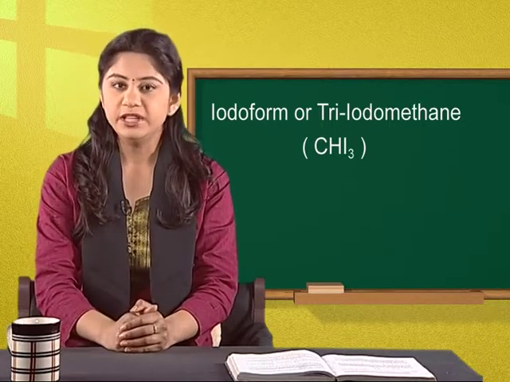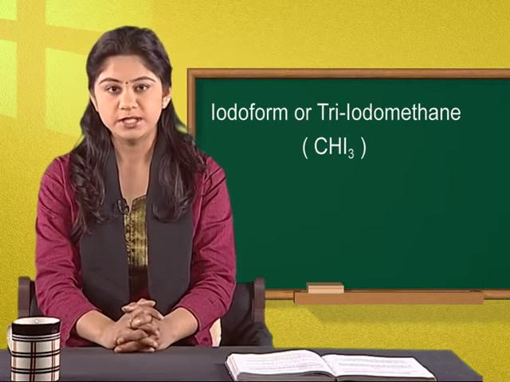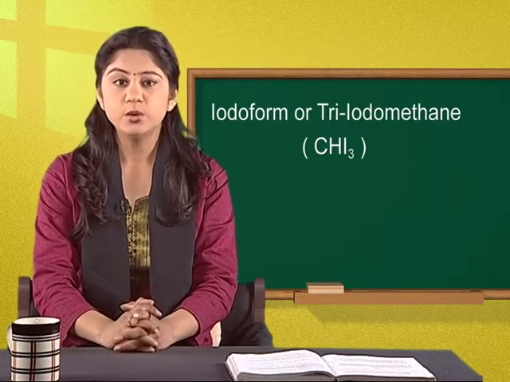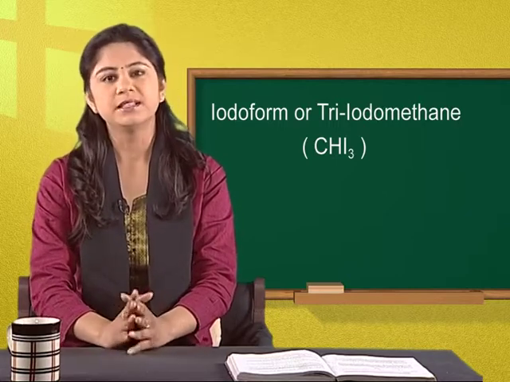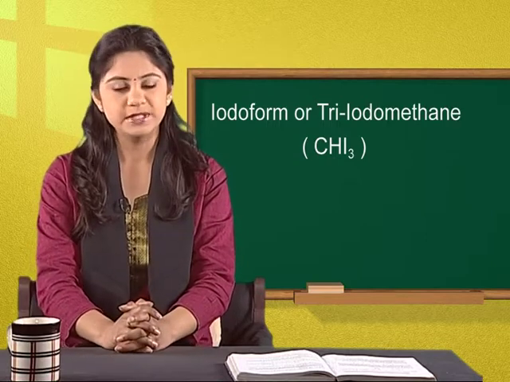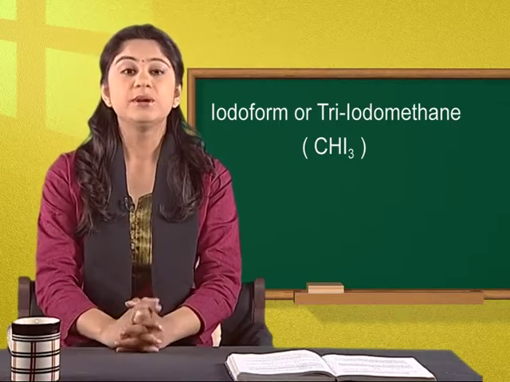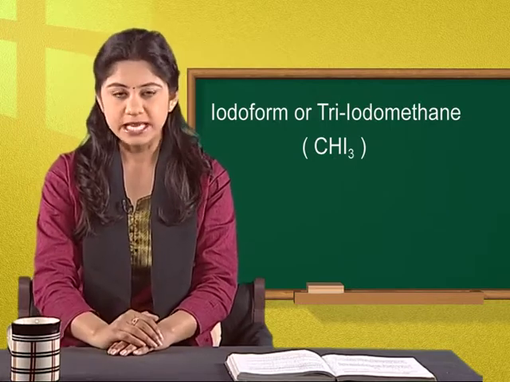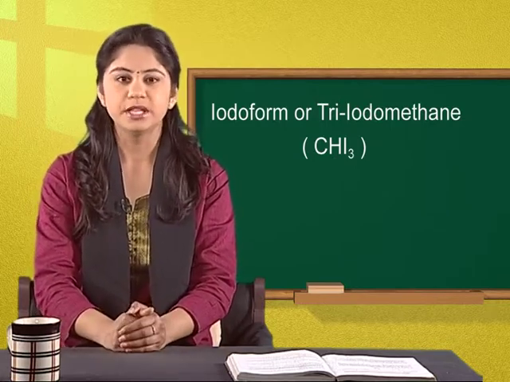This property of these compounds to give a yellow precipitate can be used to distinguish these compounds from others and is called the iodoform test. Chemical reactions taking place in this test are as shown on the screen.